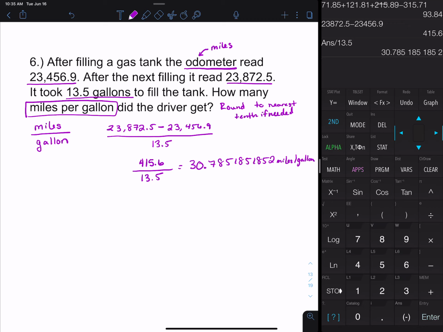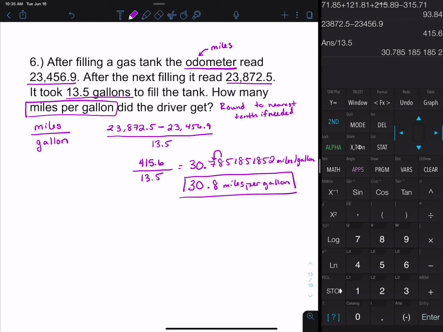But we said we were going to round to the nearest tenth if we needed. Remember, tenth is one place after the decimal point, so that 8 tells us to bump that 7 up. So I'd say that we have 30.8 miles per gallon as our final answer here.